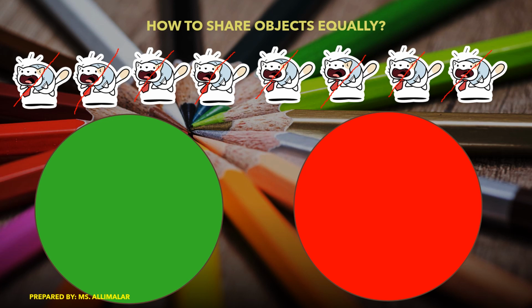So when we draw, one is green, another is red, and then another green, another red, one by one.